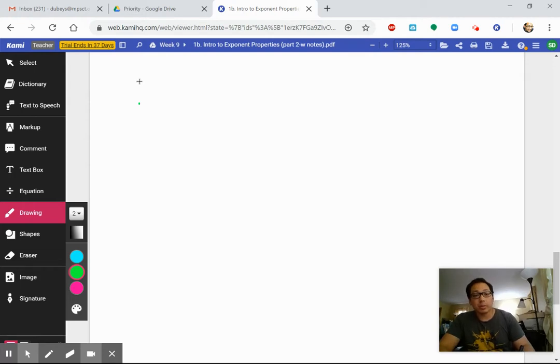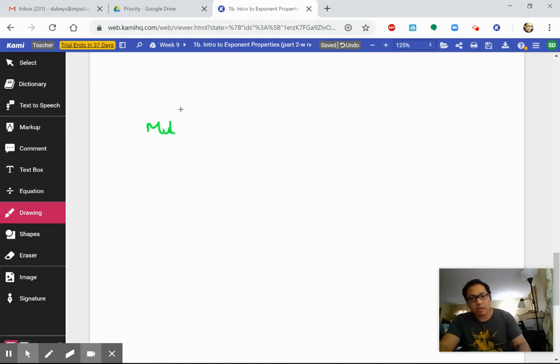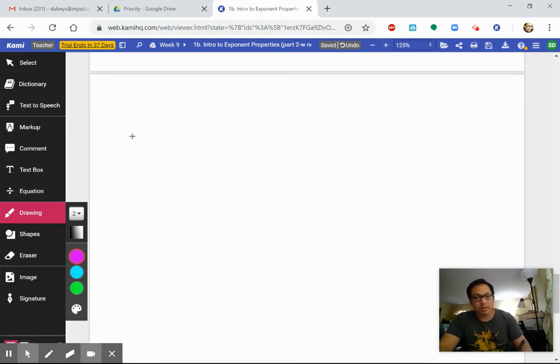One I just called the multiplication property. Something's off, I think my cursor is a little bit off, which is going to throw me off a little bit. I don't know why this other page wasn't working, but let me go back and review the two properties that we did last week.